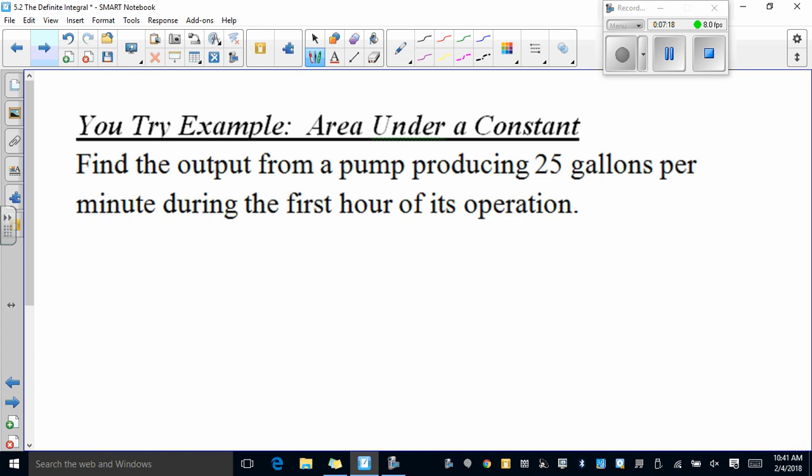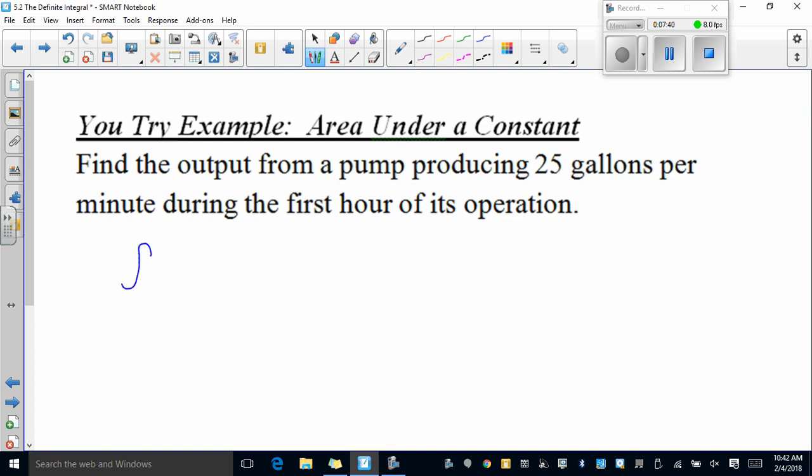So we're going to do the integral here. Okay, we've got 25 gallons per minute, so 25 dx per minute during the first hour. And we have 60 minutes equals 1 hour.